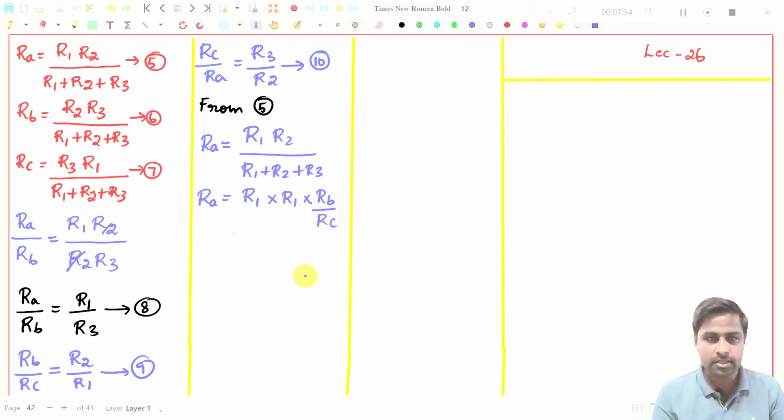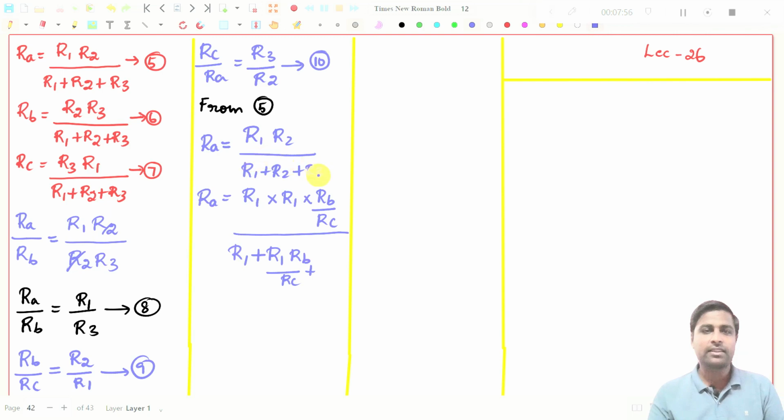So this will be divided by, then R1 is there. Keep this R1 as it is, don't do anything with R1 since we need to find R1, plus what is R2? R2 again we can substitute the same expression. Instead of R2, we can write R1 RB by RC, right? So plus, then I have R3.